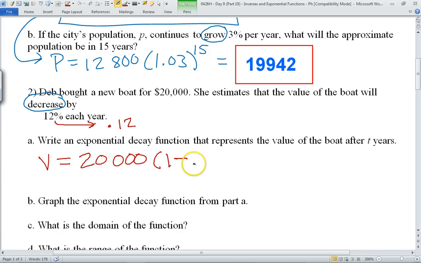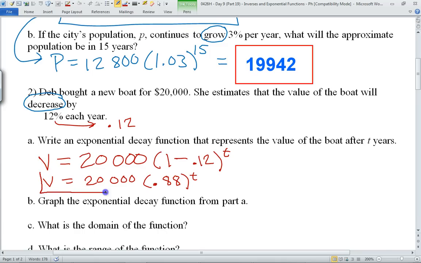So I need to do 1 minus 0.12, to the T years, so I will use T this time. Now, I encourage you not to leave it as 1 minus 0.12. You should go ahead and write 0.88. And this would be a good answer to put for part A.